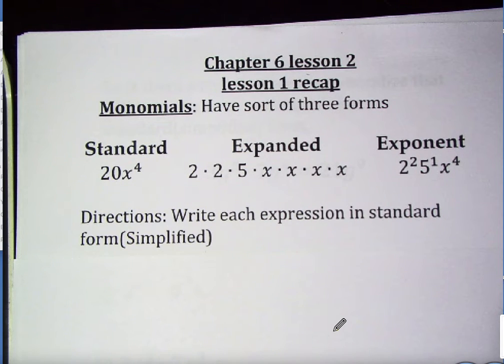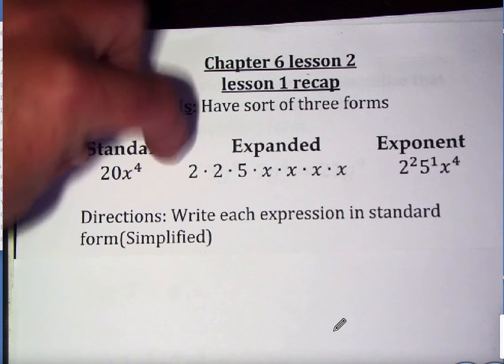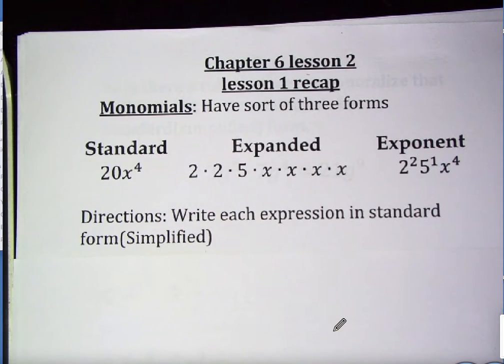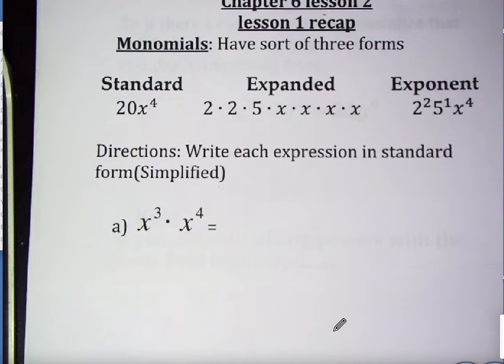Today, what we're going to focus on is writing expressions in standard form, so as simple as possible, right? We're going to take any full monomial we have and put it in its simplified form, as standard and simplified as we can, okay? So, here's A.